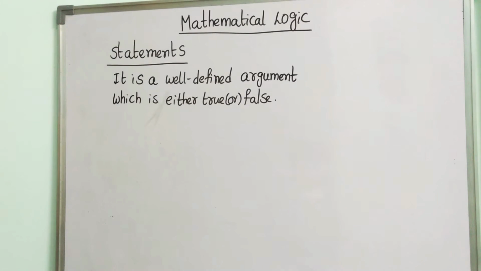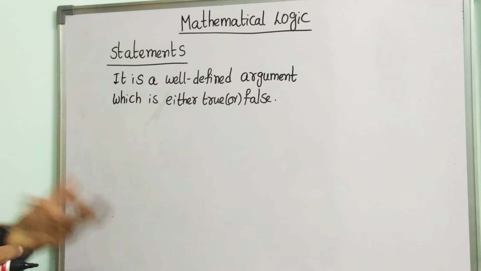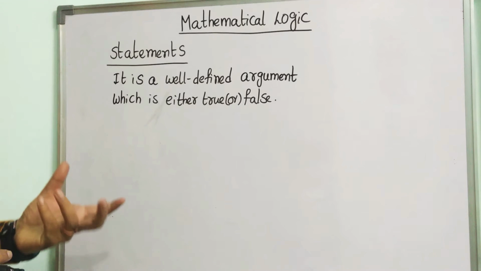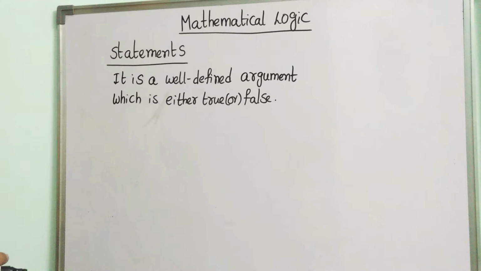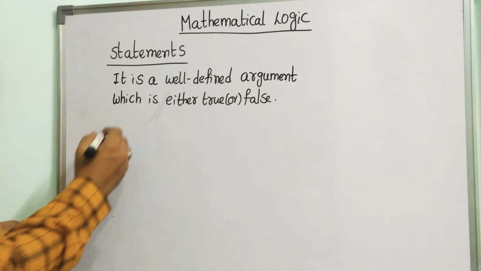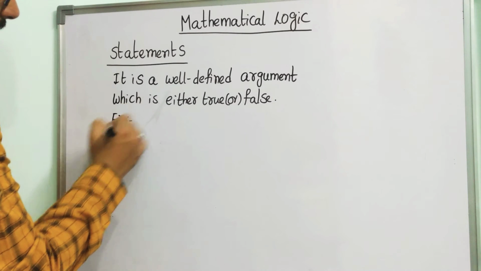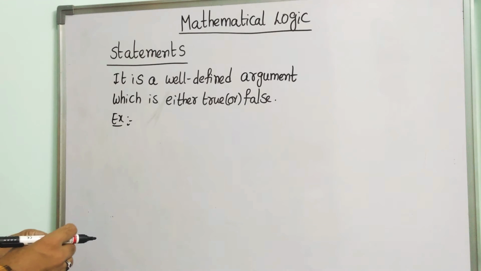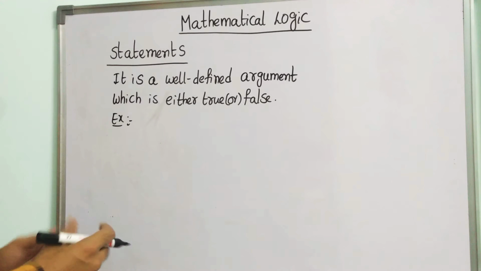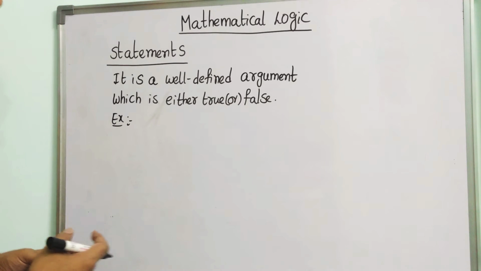Okay. So like this we can define that. We can say it is a statement if it is a well-defined argument, as well as it is either true or false. Okay. So let me give you some examples here, and we'll check each of these examples whether it is a valid statement or not.